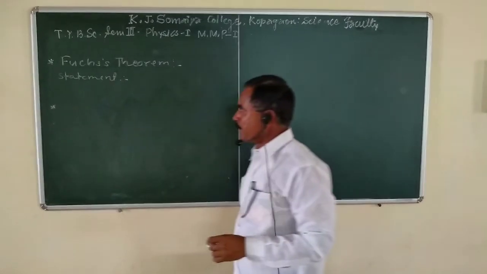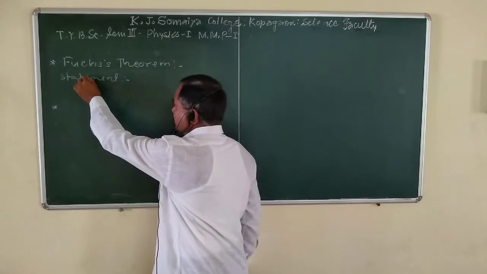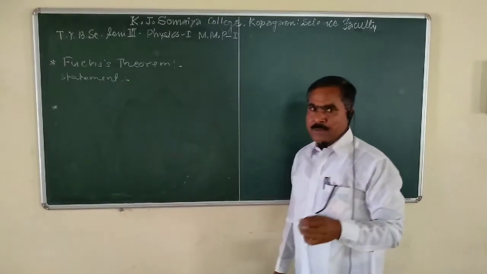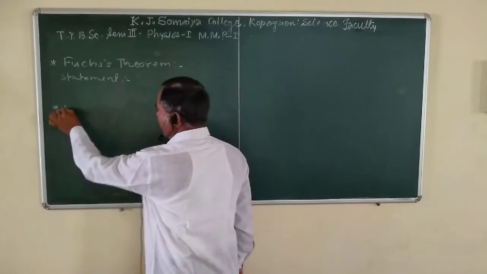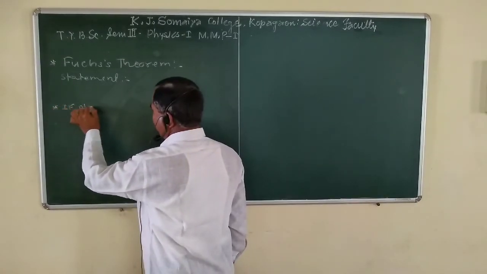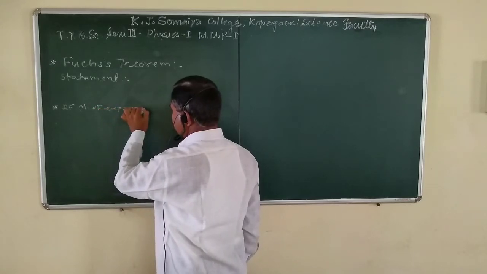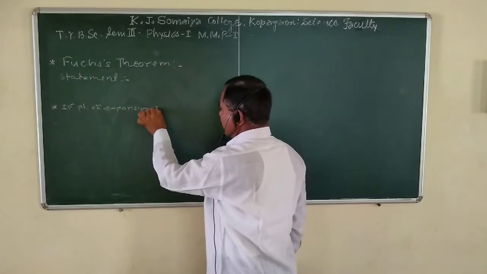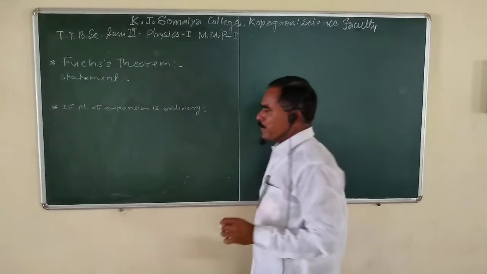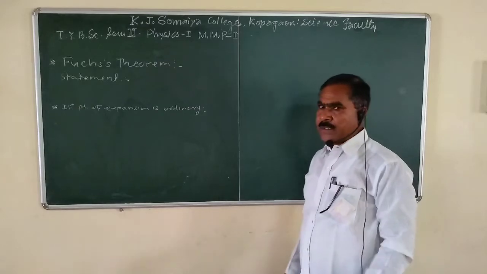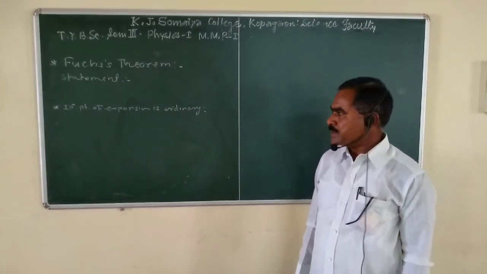So first we define when the point of expansion is ordinary point. When point of expansion is ordinary, then we will get two independent solutions of the differential equation.